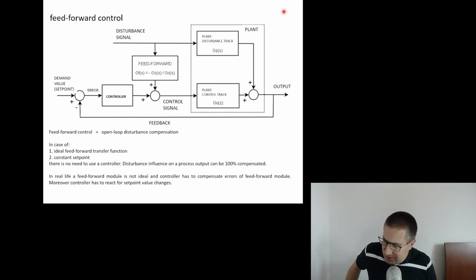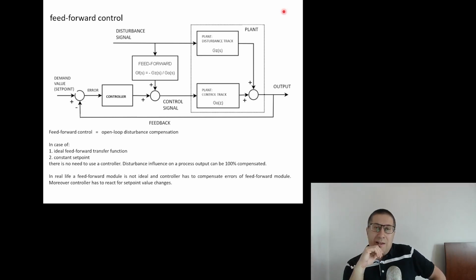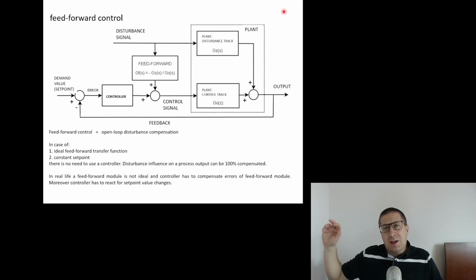I will increase the heat level in this radiator, and after, let's say, 30 seconds, this is the transport delay on the control track. After 30 seconds, I will see that the temperature stops decreasing and starts to increase.